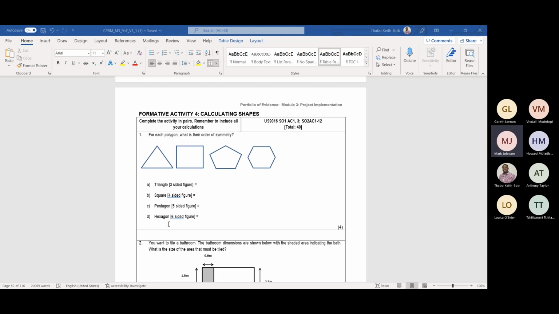So what would that ratio be? 7:4. Yeah, that's 7:4. Does everybody agree? Yes. Okay, moving on.